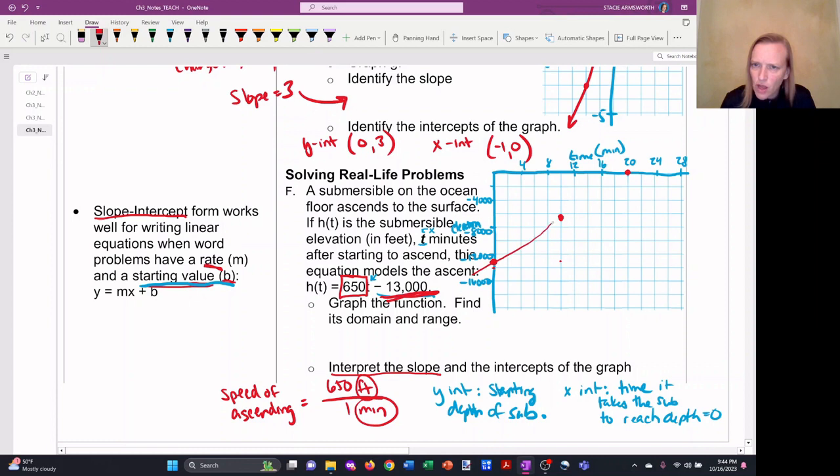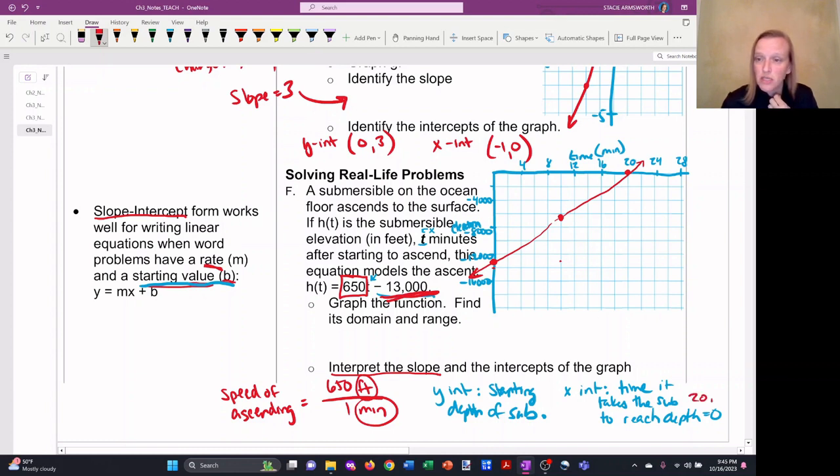So if I draw my line of best fit here, or the line described by this equation, this line with a positive slope of 650 and a y-intercept of negative 13,000 looks like this. And that x-intercept, it takes 20 minutes.